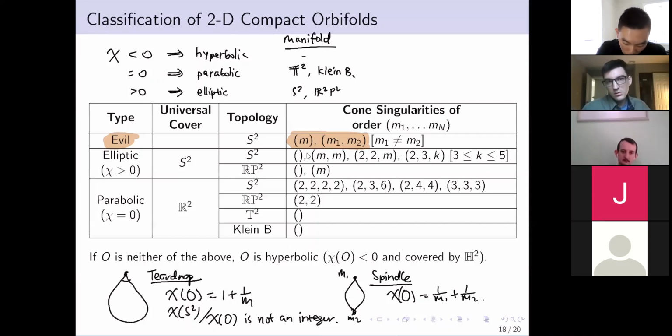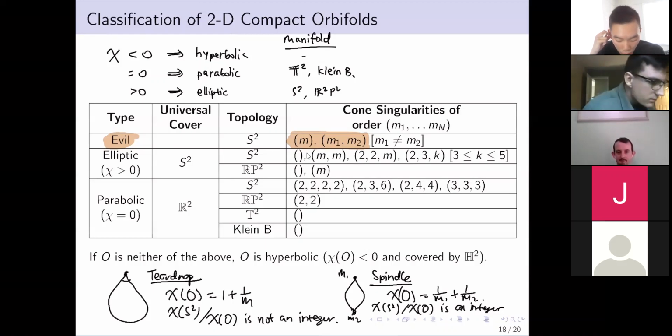For the same reason, the ratio of the Euler characteristic of S2, which is 2, divided by this is an integer if and only if m1 coincides with m2. So whenever the orders of the two cone points are different, it's not going to be covered by S2, by the Riemann-Hurwitz formula.